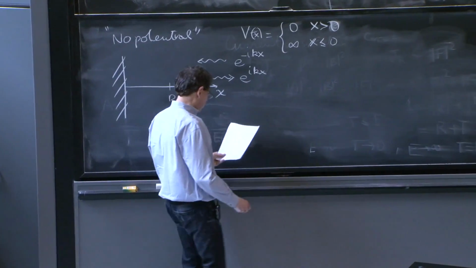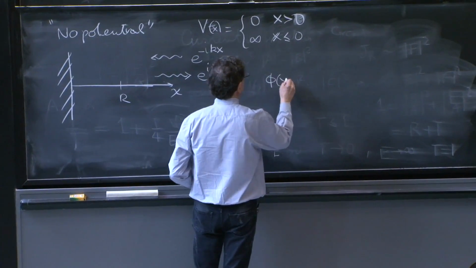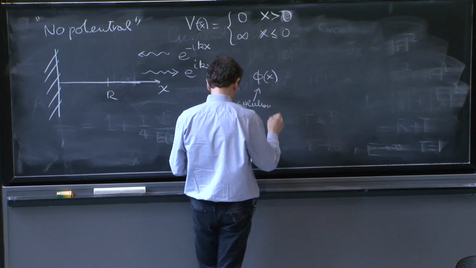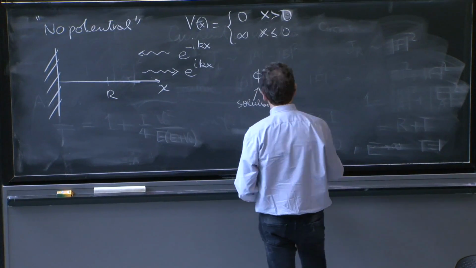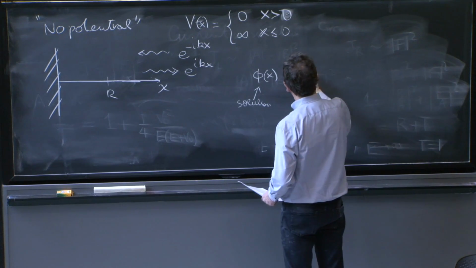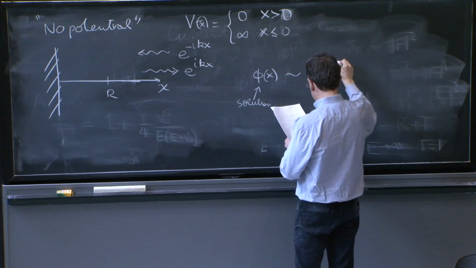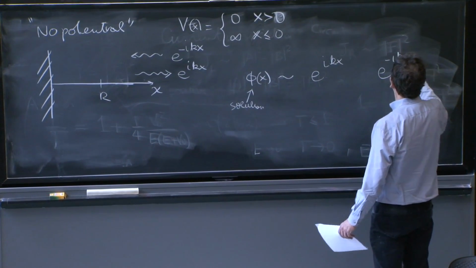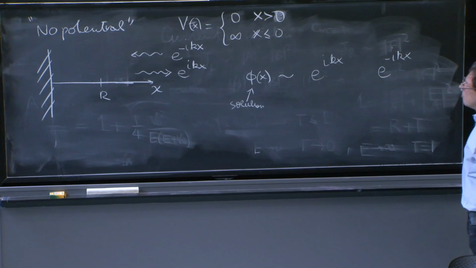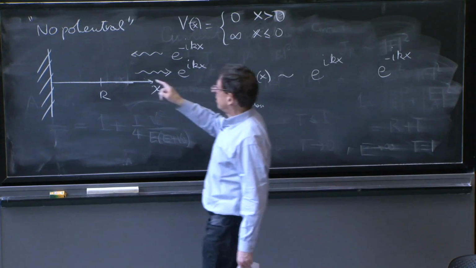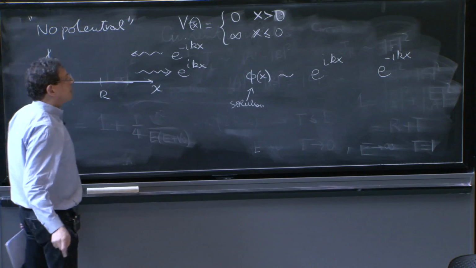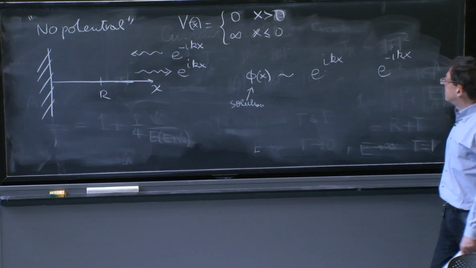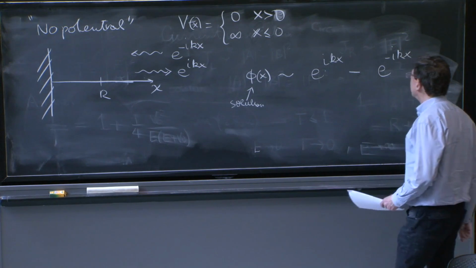So a solution, phi of x, will be a combination of e to the ikx and e to the minus ikx. I should make the wave function vanish at x equals 0. At x equals 0, both exponentials are equal to 1. So if I want them to cancel, I should put a minus.